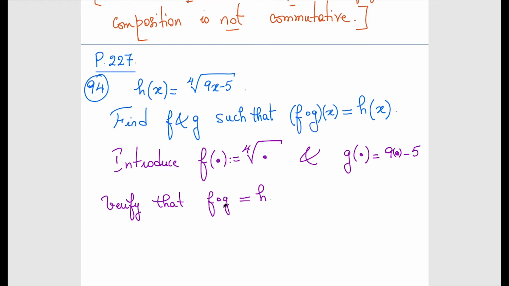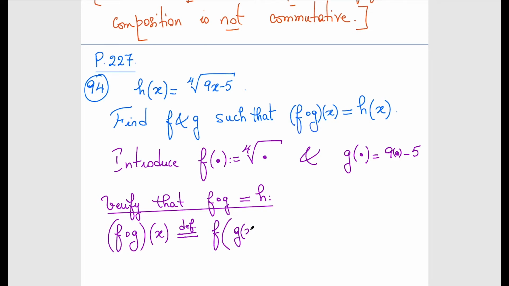Okay, so if you compose them, you get h. So let's verify this. Okay, so what's f composed with g acting at x? We're going to send an x in this function. The way it's going to operate, again, by the definition of composition of functions, it's going to be f acting at g of x.